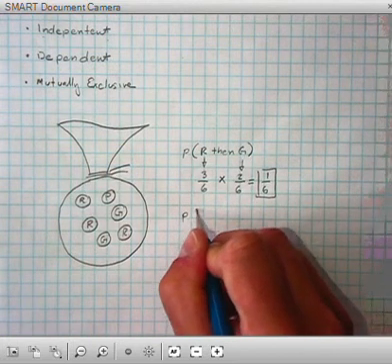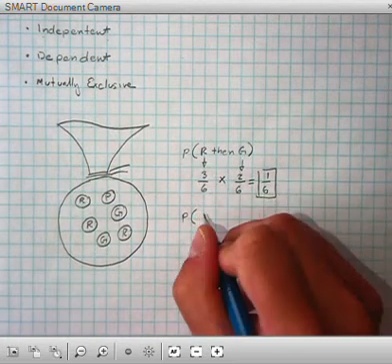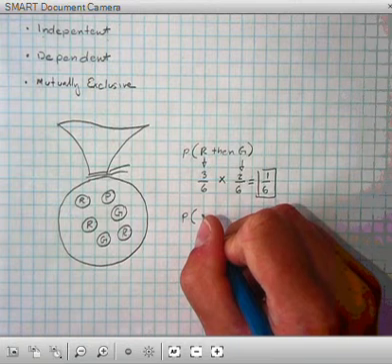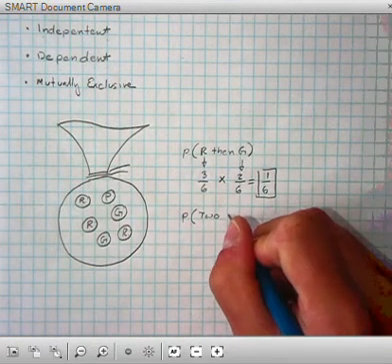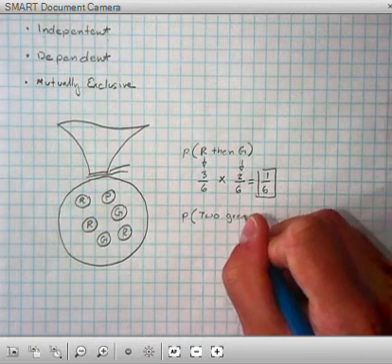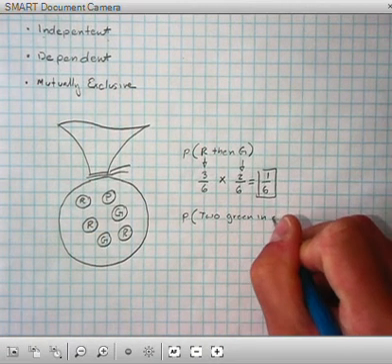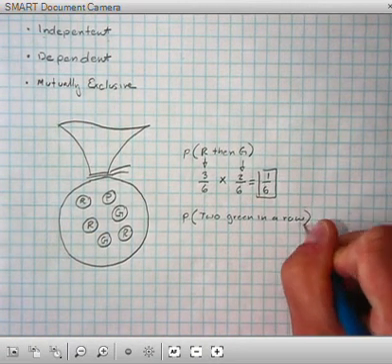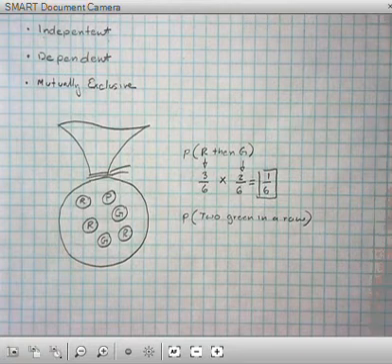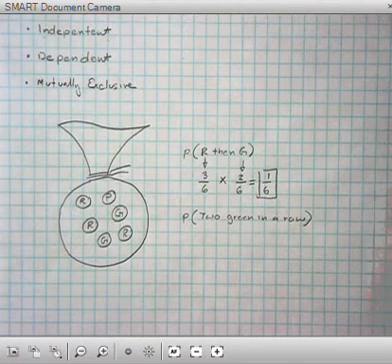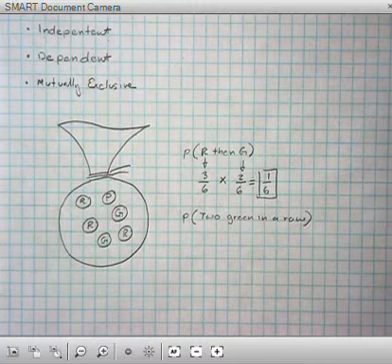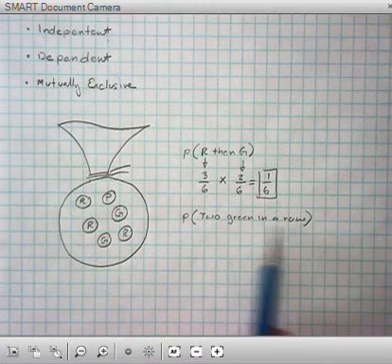Let's find the probability of two greens in a row. So we reach in, pull out a marble, put it back in, reach in, pull out another marble, and we want to know what's the probability of both of those being green.